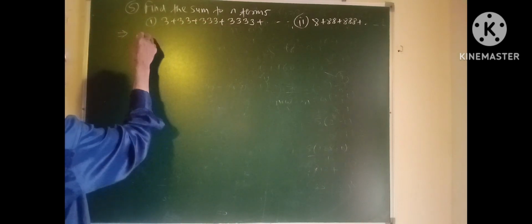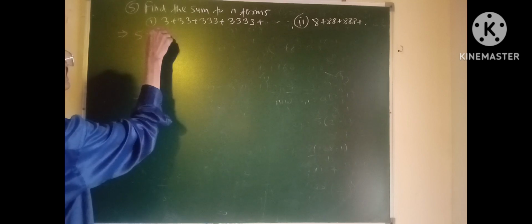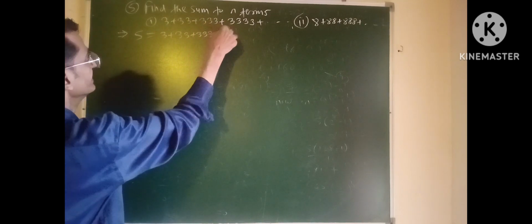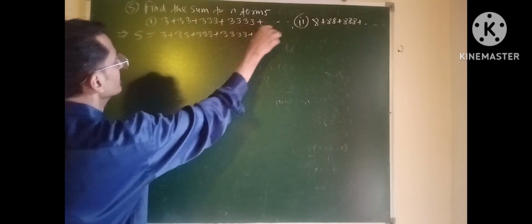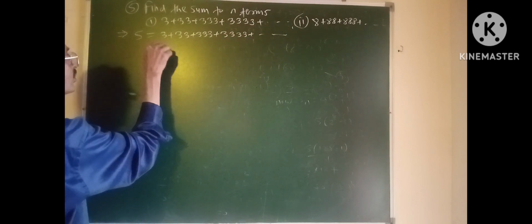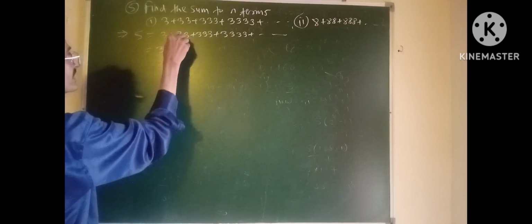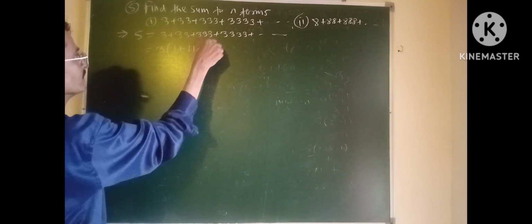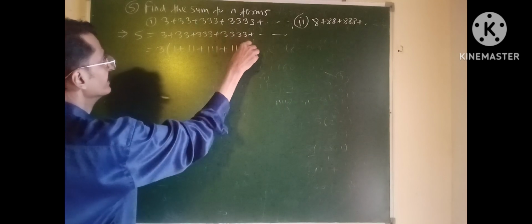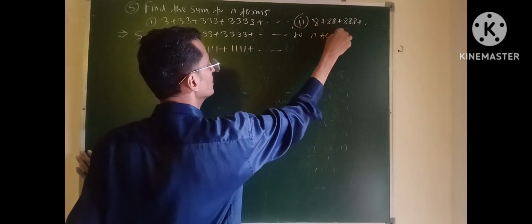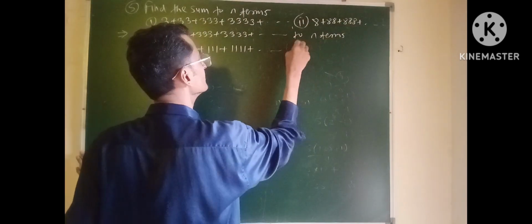So how can we convert this into 9? Start with this: suppose this is S, 3 plus 33 plus 333 plus so on. Now write 3 common. So this is 3 common, 1 plus 11 plus 111 plus 1111, up to n terms.